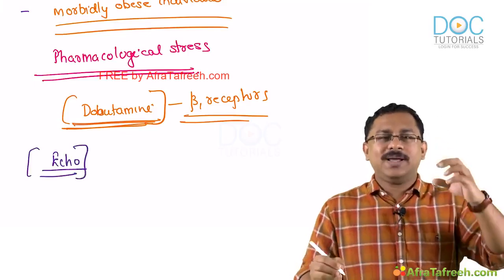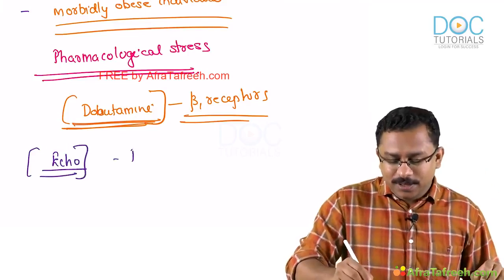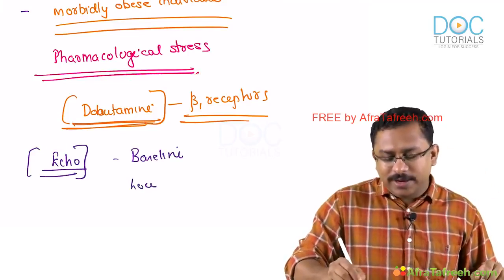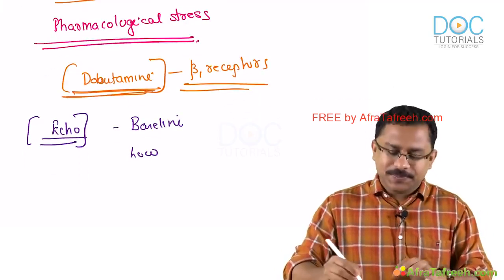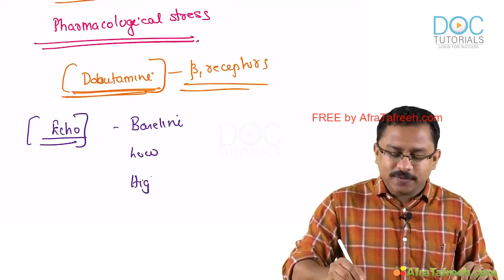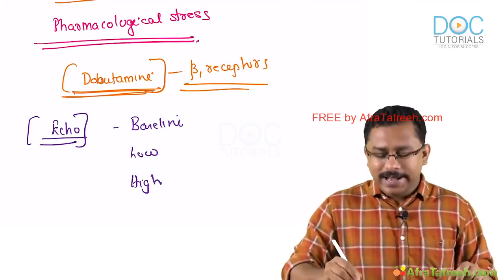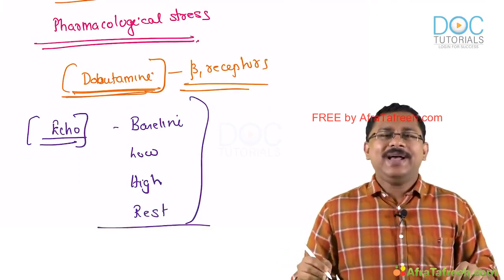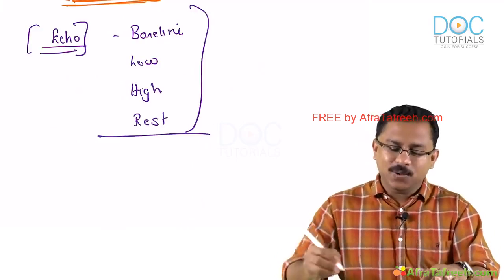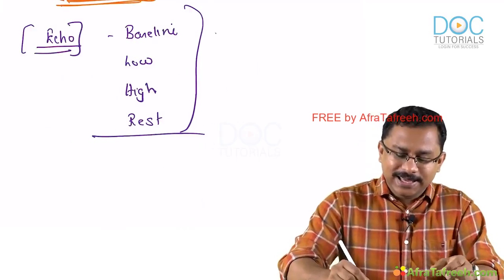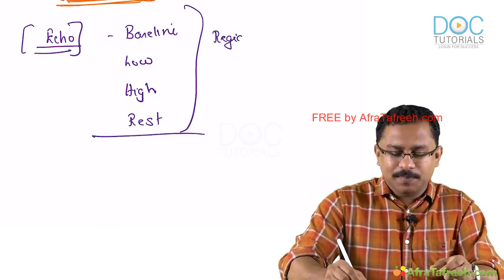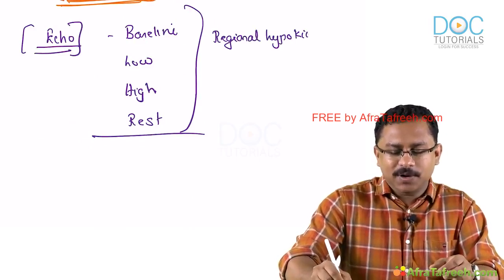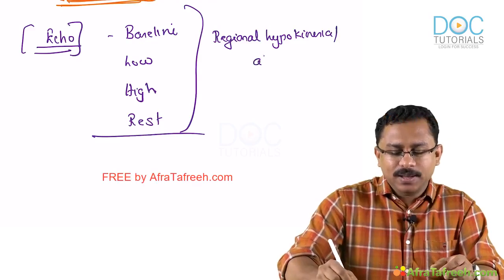Definitely you will go for the baseline echo. Echo has to be taken at baseline, and at low rates of dobutamine infusion. You will do it at high rates of dobutamine infusion, and then back to rest. So you will do the echo and try to find any regional hypokinesia or akinesia that corresponds to this demand.